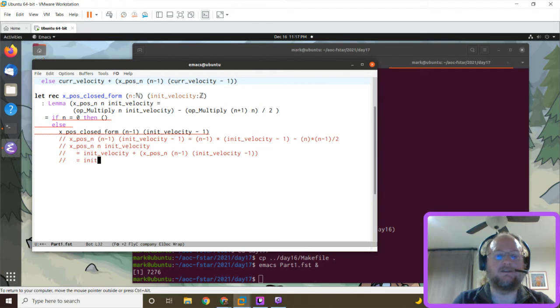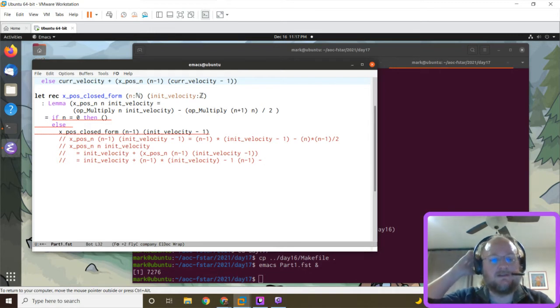So this is init velocity plus n minus 1 init velocity minus 1 times n minus 1 minus n times n minus 1 divided by 2.